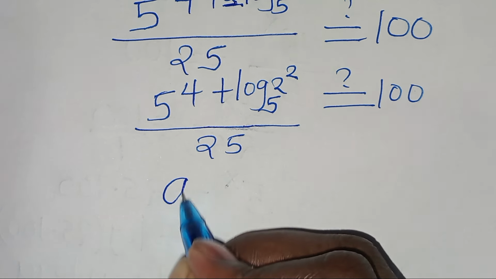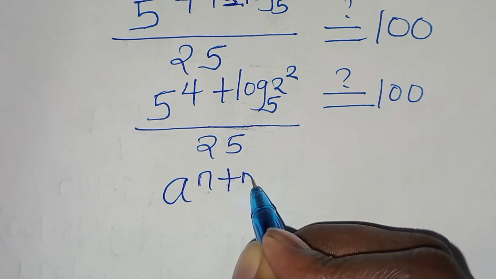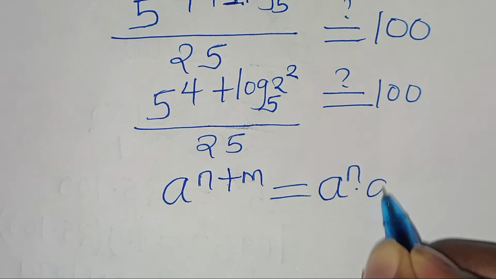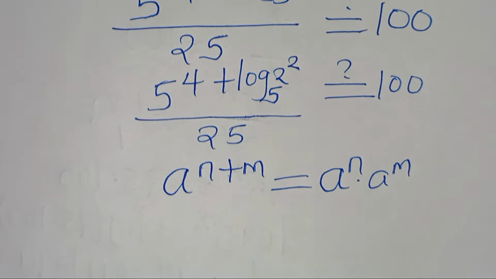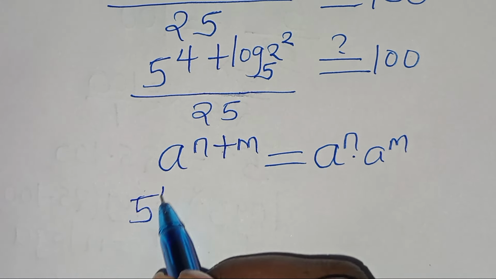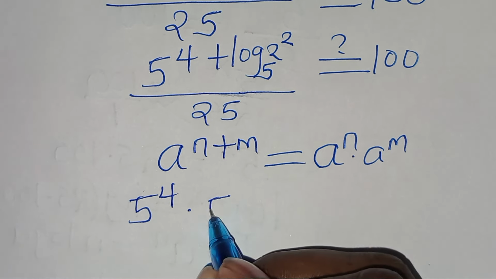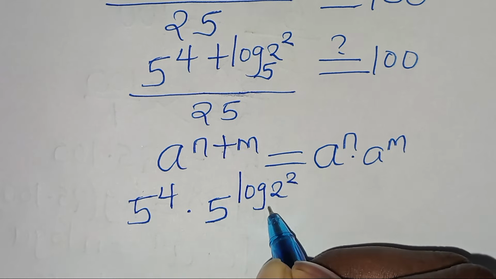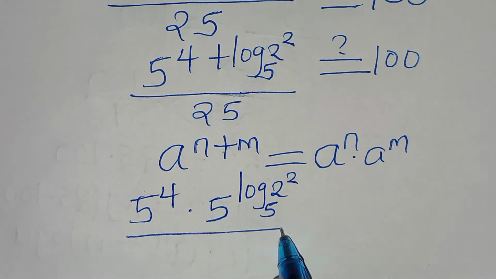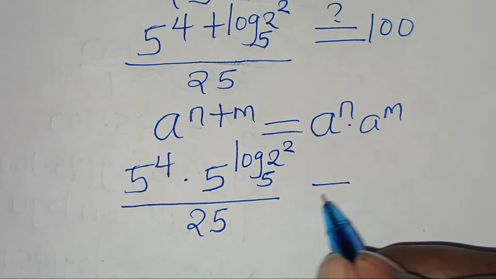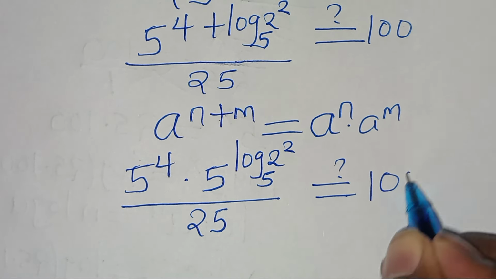This is in the form of a to the power of n plus m, which we can express as a to the power of n times a to the power of m. Applying this exponent property, then here we have 5 to the power of 4 times 5 to the power of log 2 to the power of 2 to base 5, then divided by 25. This is supposed to give us a value of 100.